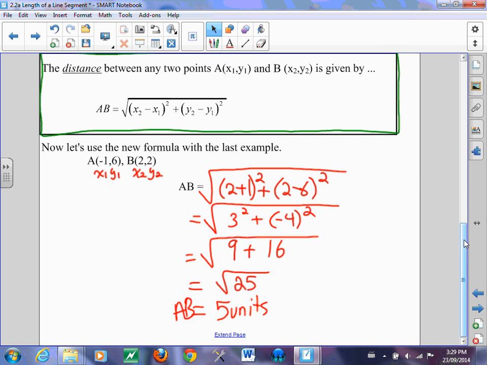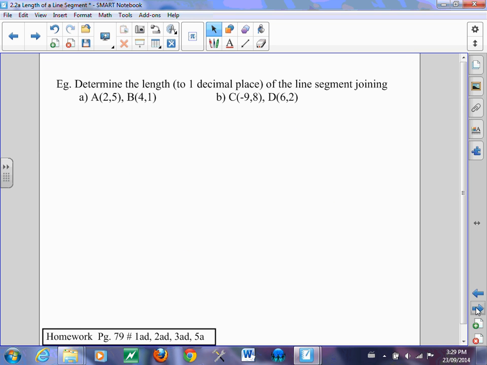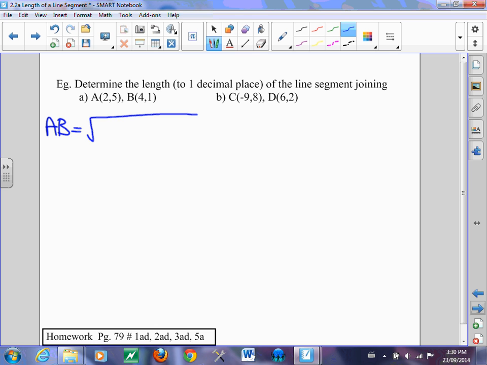All right, let's try a couple more examples, and then we'll be done. Determine the length to 1 decimal place of the line joining these. So we don't have any visual. We're just going to use the formula and sub it in. So AB equals, I always put the square root in first, and then we're going to do the formula: x2, which is 4, subtract 2 squared, plus 1 subtract 5 squared.